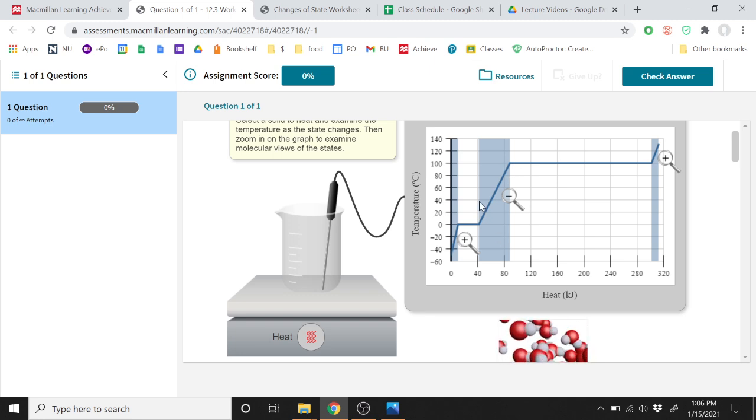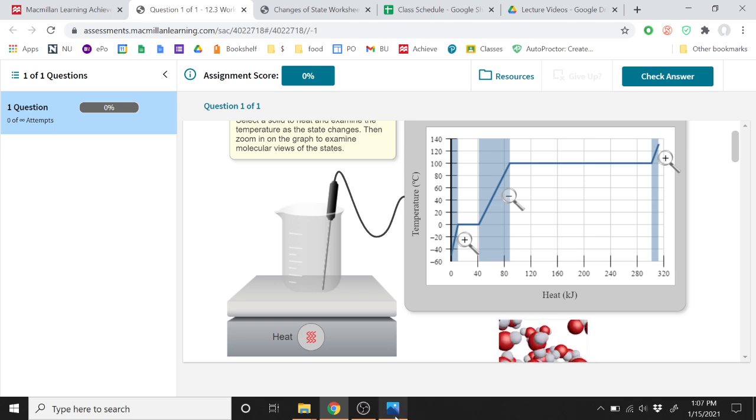My change in temperature is really easy for the liquid water because it's 100 minus 0, which makes it a change in temperature of 100 degrees Celsius. So remember these numbers and write them down. You have a 100 degrees Celsius change in temperature that took, let's say, 42,000 joules, or 42 kilojoules. Those mean the same thing.